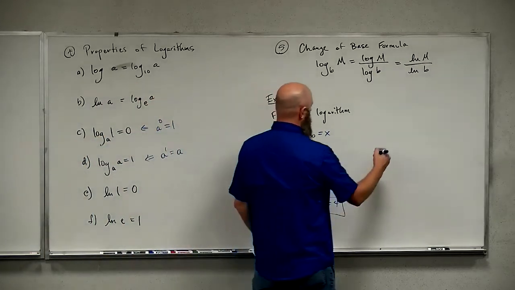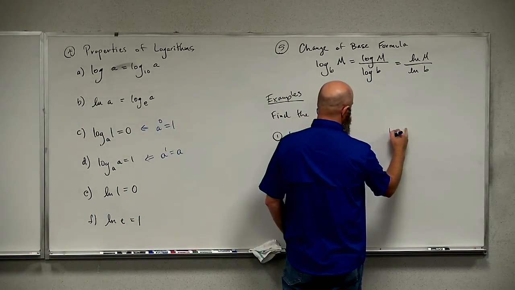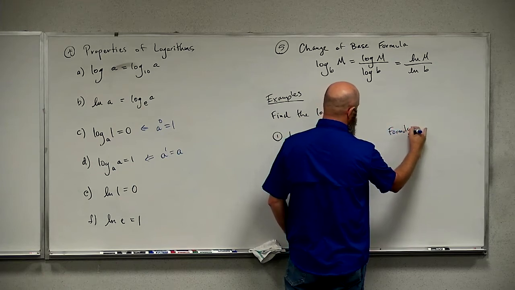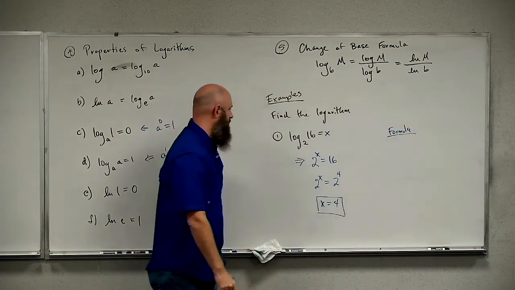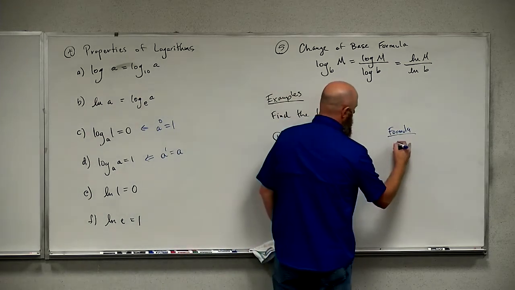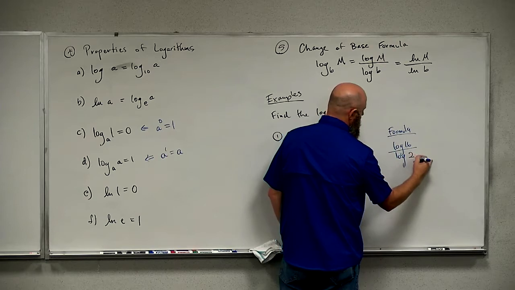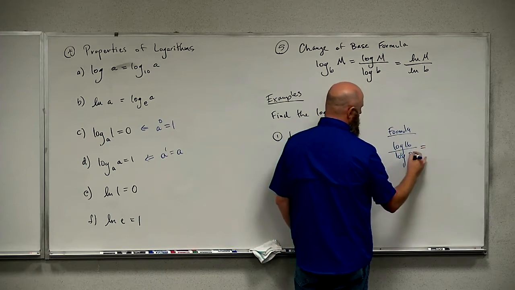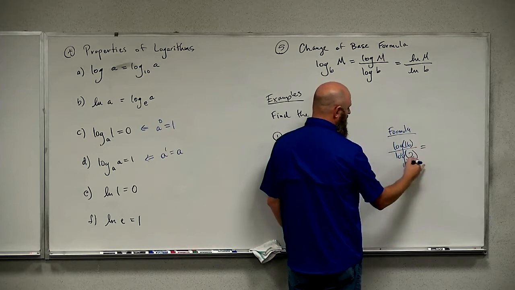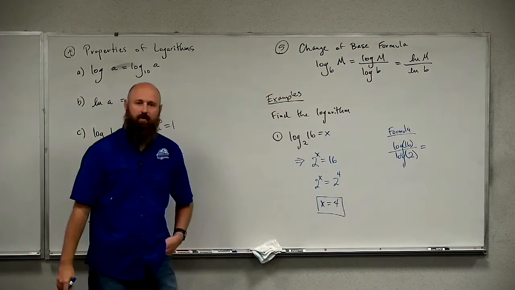Another option, if we want to use the formula, is to simply say log 16 divided by log 2 equals. Now we're going to have to put that in our calculator, with parentheses around those numbers.